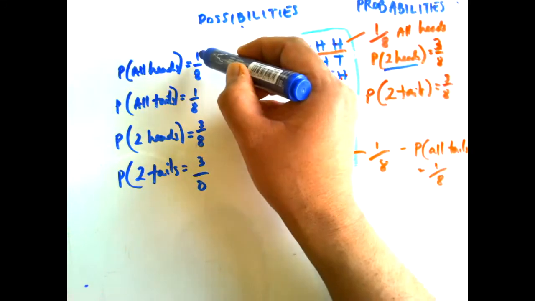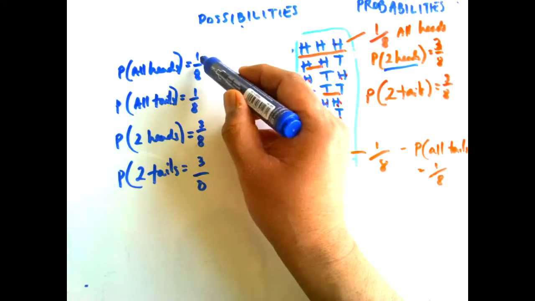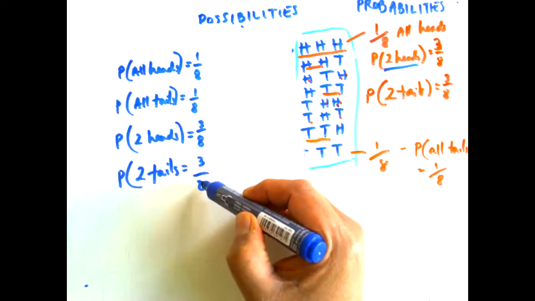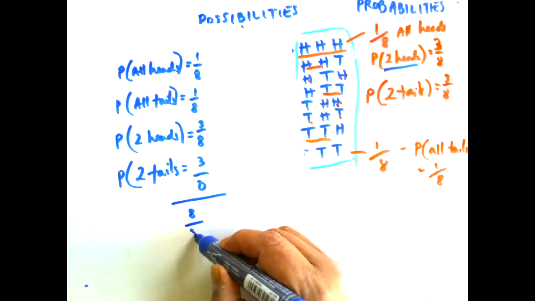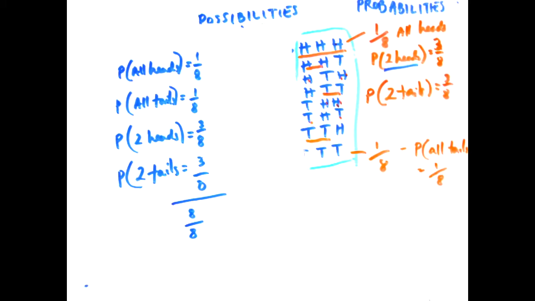Now, if you add all of this, 1/8 plus 1/8 plus 3/8 plus 3/8, the answer should be 8 over 8. Yeah, that's what it is.